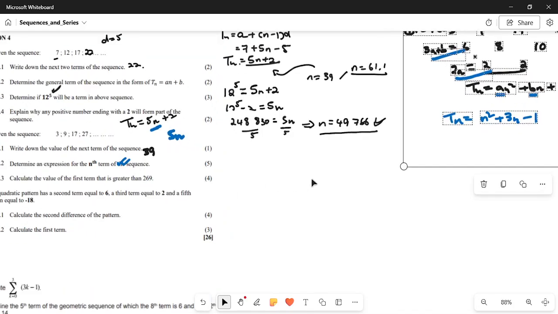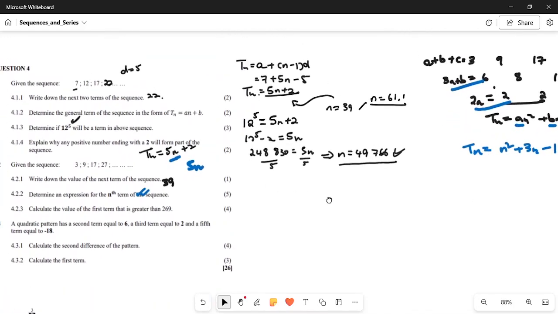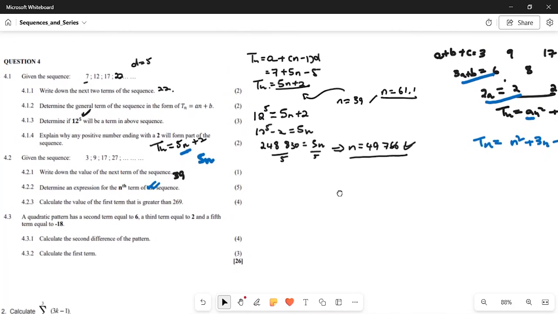So they are not looking for the index, but rather they want to know the value that follows 269. So we can construct an inequality, right? We already have our nth term there, so we can say n squared plus 3n minus 1 is greater than 269.